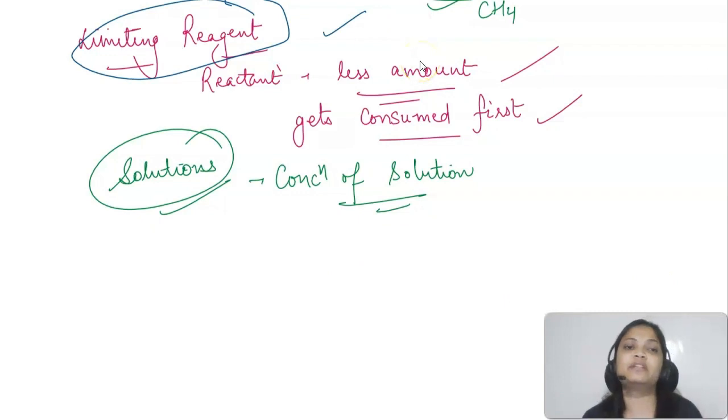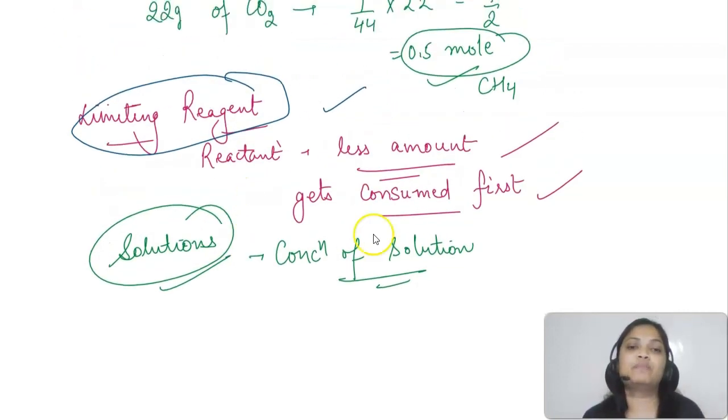You might have learned it in lower classes, but now we'll be talking about it in terms of moles. So we have certain terms that are required to represent the concentration of the solutions. We will have a brief discussion on that because in detail we will learn them when we will be studying the chapter solutions. Okay.